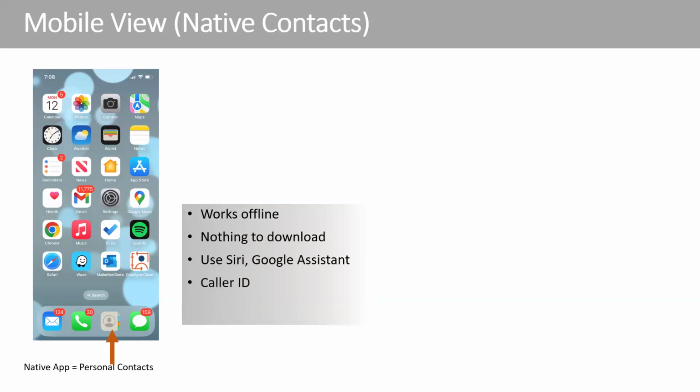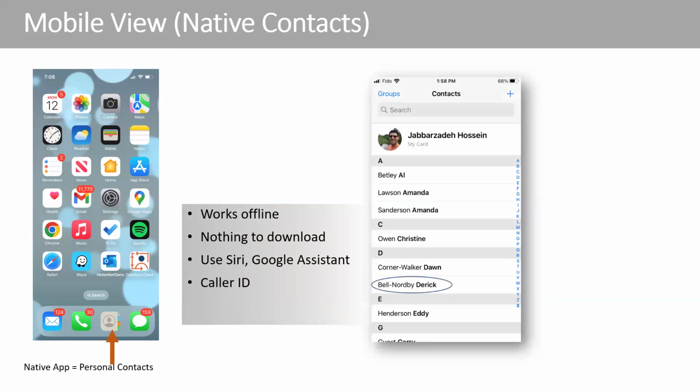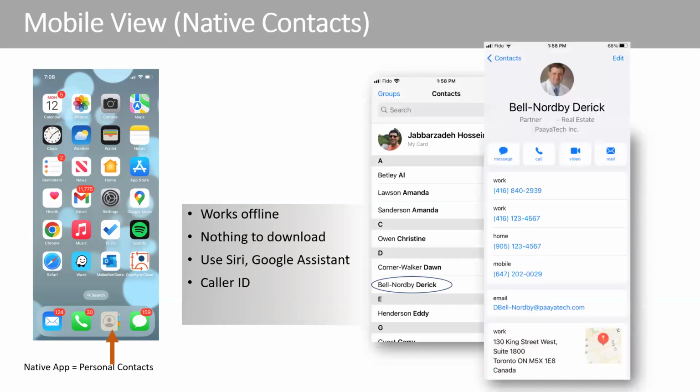This is a screenshot of the contact in your contact list, showing how information appears on a native contact with photo, address, and everything. Later in the demo, we have a recording shown right from the phone so you can see the whole thing.